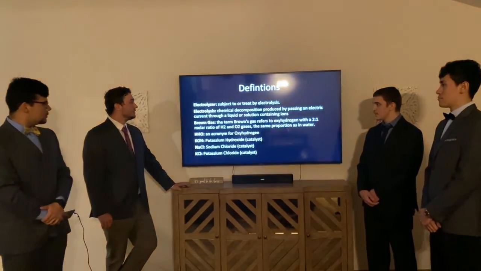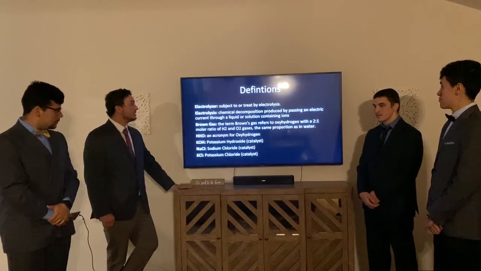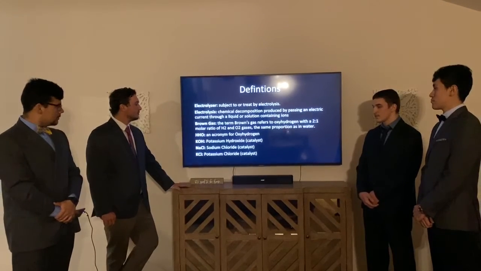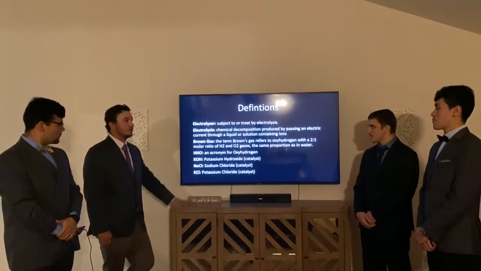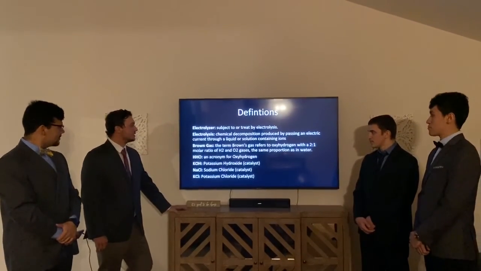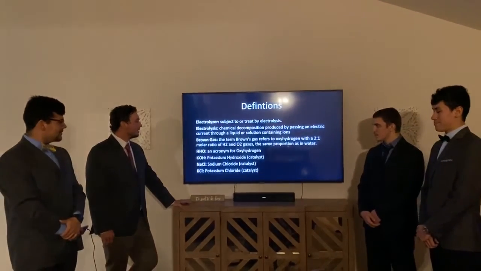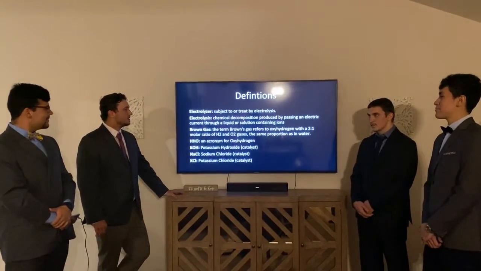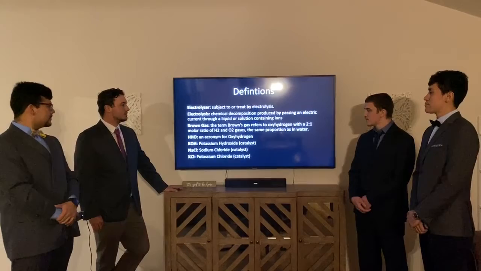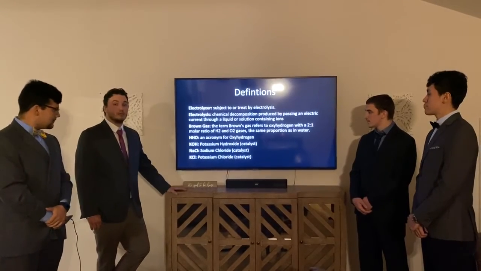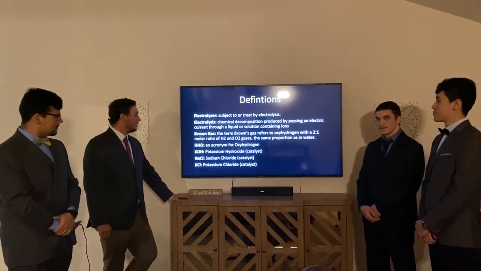Some of the definitions that will be pertinent to this project would be the electrolyzer, as we've already stated, and electrolysis. The brown gas, which refers to the oxyhydrogen ratio of H2 and O2 gases, which is going to be the same proportion as it is in water.